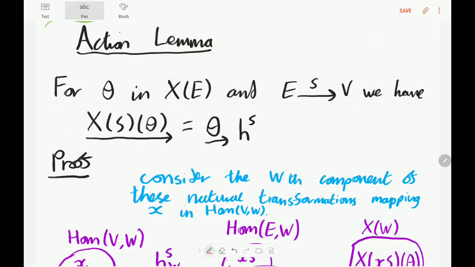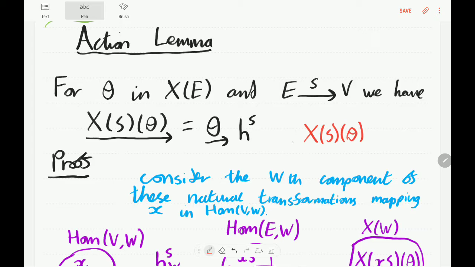So the action lemma is basically about how, if we have an E element of x, in other words, an element theta of this set x of E, we might want to do an S action on that theta. When I say that, I mean we might want to compute x of S of theta. This is just another piece of terminology.